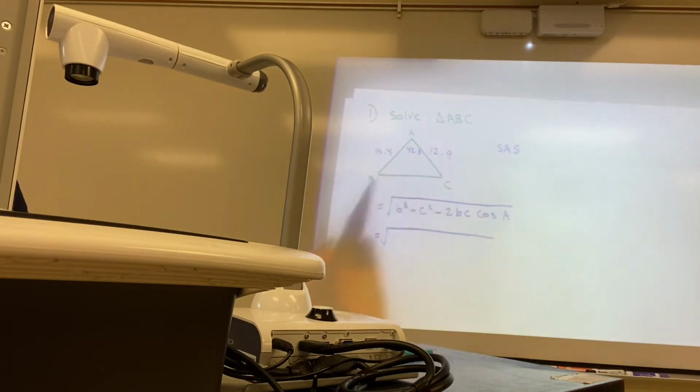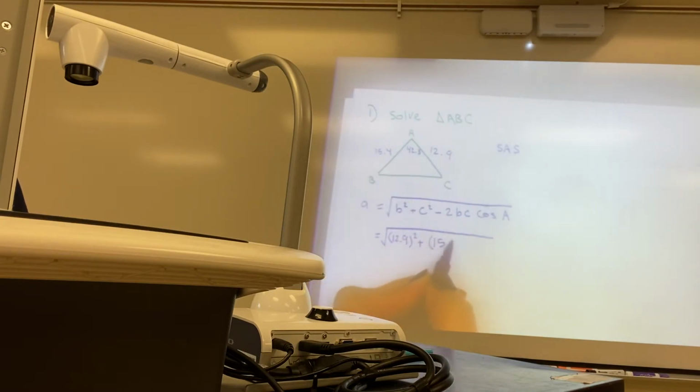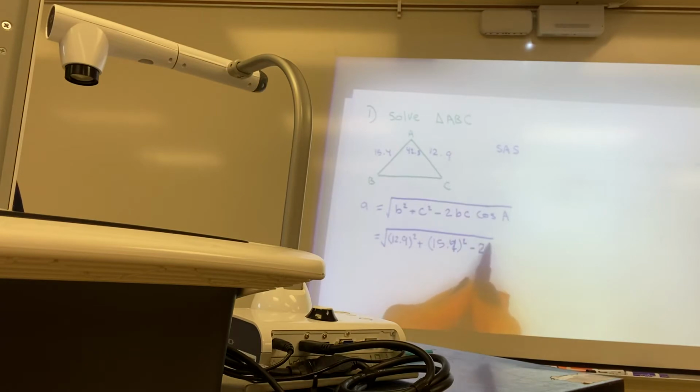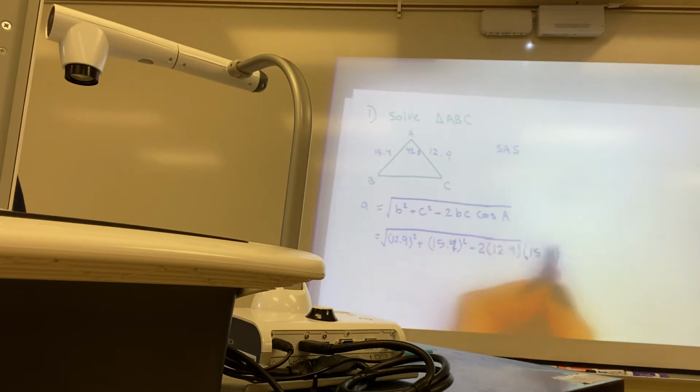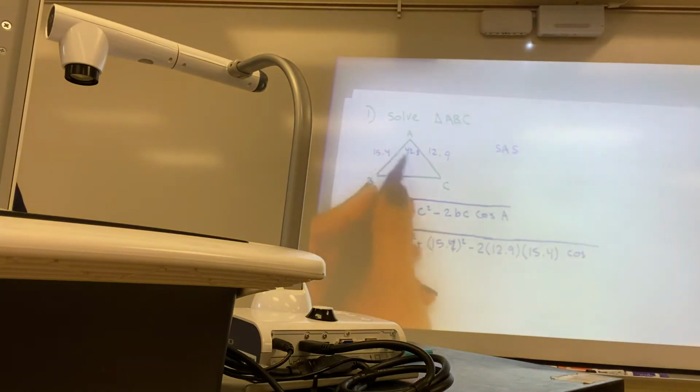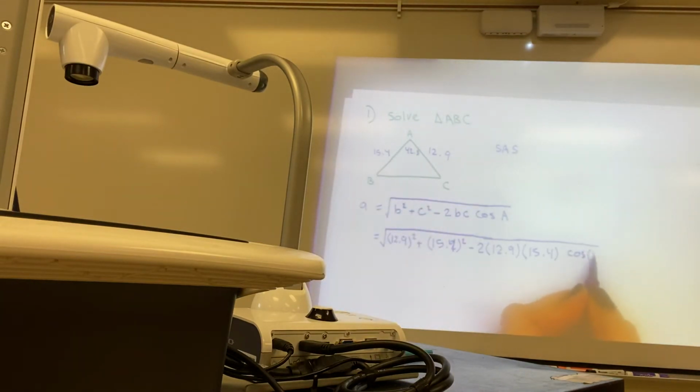Side B is 12.9, so this is 12.9 squared plus side C, which is 15.4, also squared, minus 2 times B, 12.9, times 15.4, and then cosine of angle A, which is 42.3.